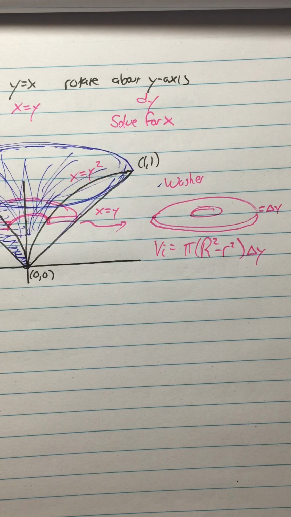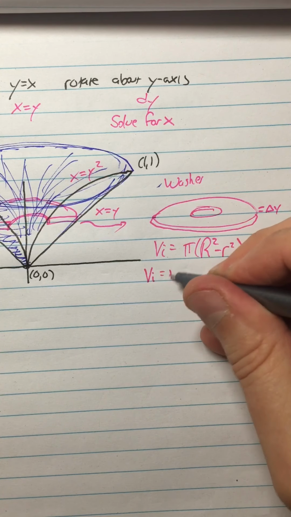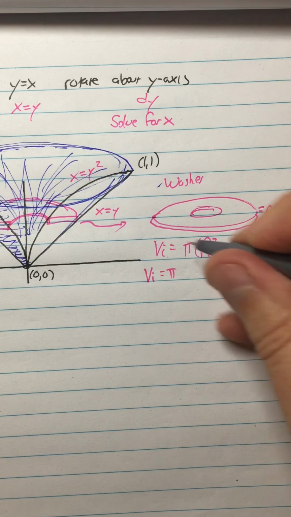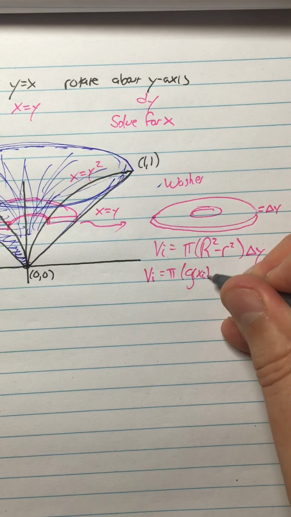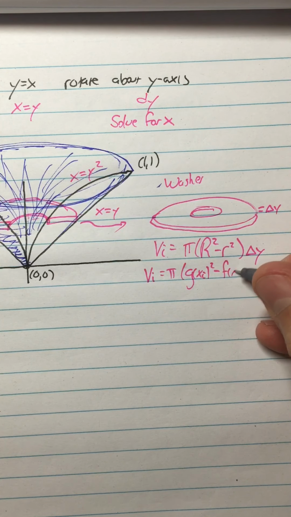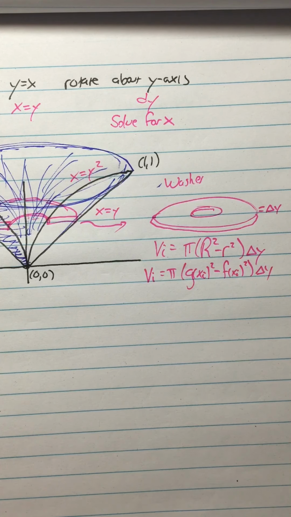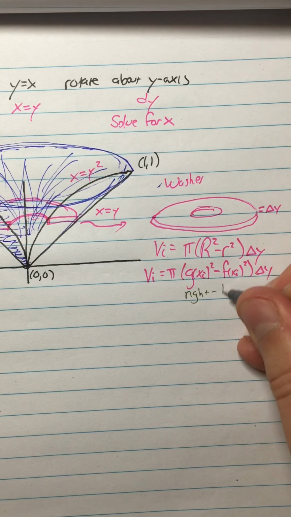We could sort of just jump right to the integral, but maybe not. Let's put in that big R is the outside function, so we'll call that g of x sub i, squared, minus little r, the inside function, f of x sub i, squared, times delta y. Since it's horizontal, just like areas, you're doing the function on the right minus the function on the left.